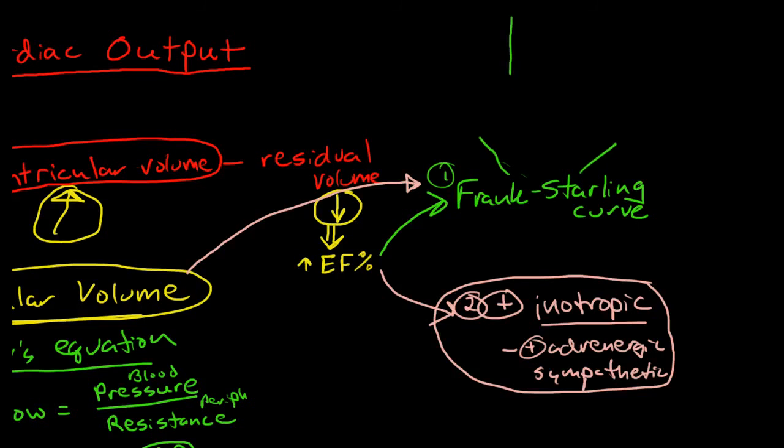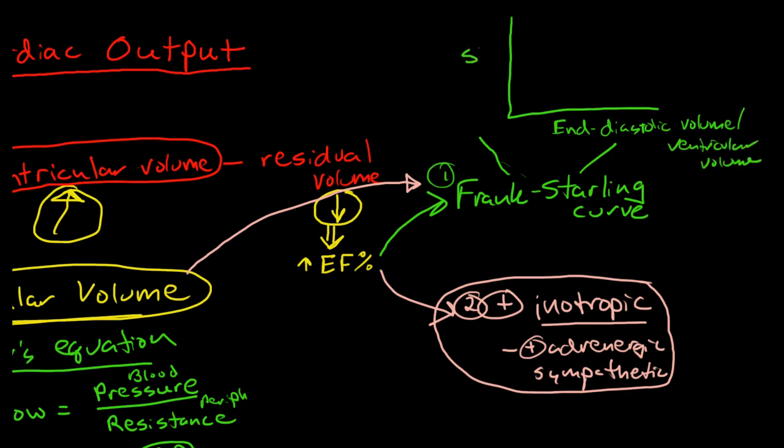So basically, what we have here is end diastolic volume, which is going to be what I've been calling ventricular volume. So this is the maximally filled ventricle. And we have here the stroke volume, or the amount that's ejected from the ventricles on systole.